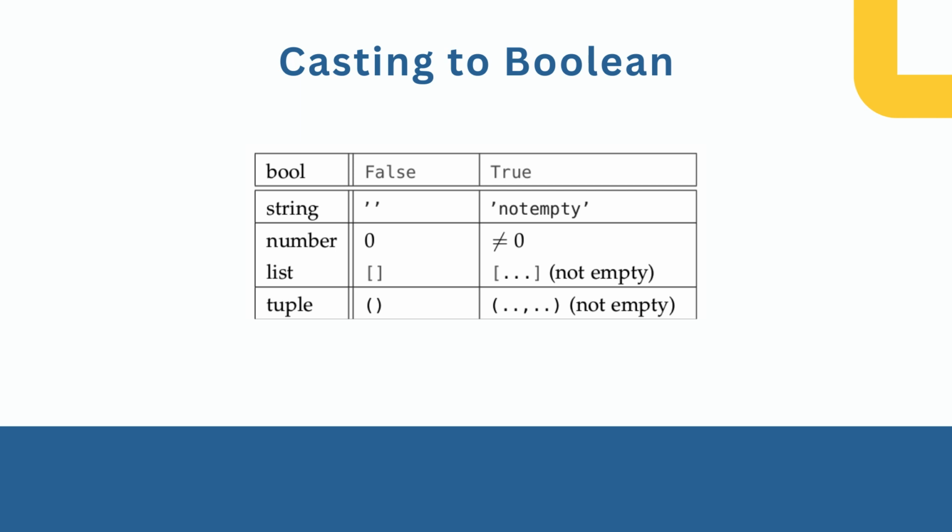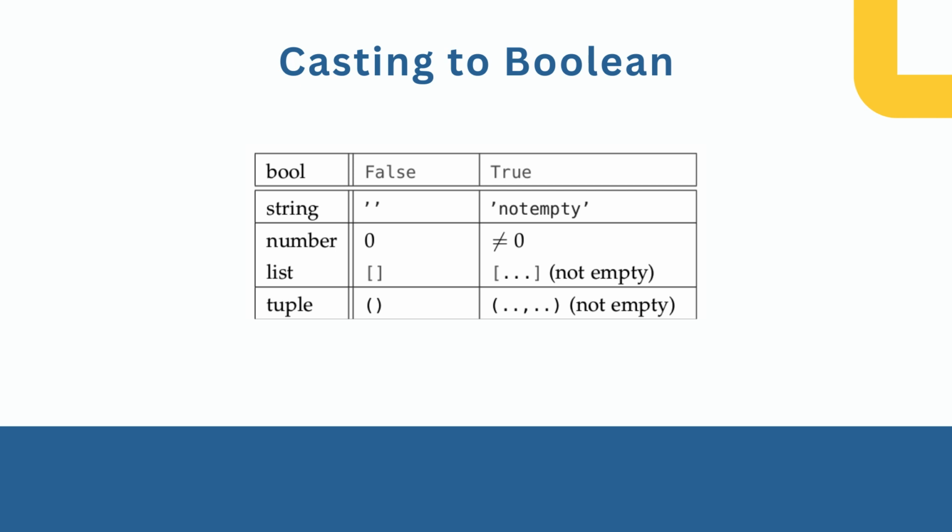So if your original data type is string and it is empty, then if you convert it to Boolean, it will return false. However, if your string is not empty, that means even if there is a single space between the double quotes, then the Boolean will return true.